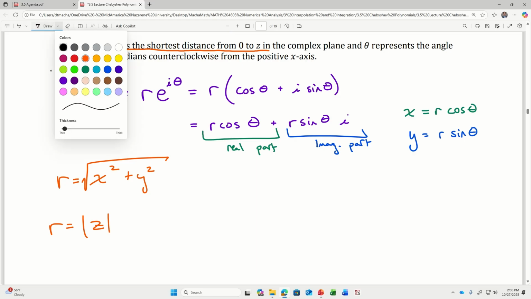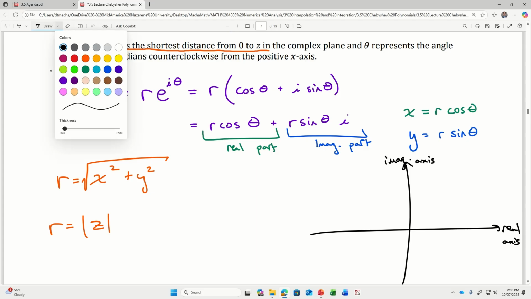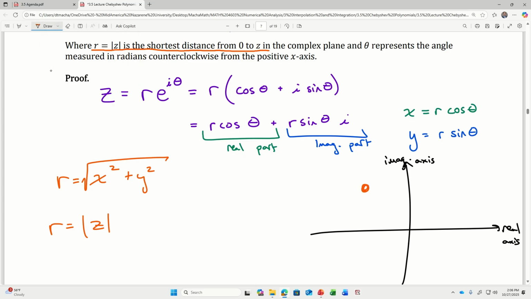So whenever we talk about complex numbers, we imagine them living in a plane where this is my real axis, and that's like the real number line, and this is my imaginary axis, which is like an imaginary number line. And every point, every complex number, belongs to the plane somewhere.